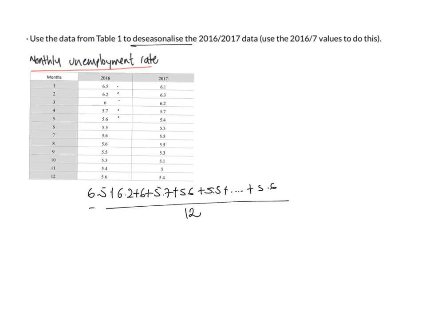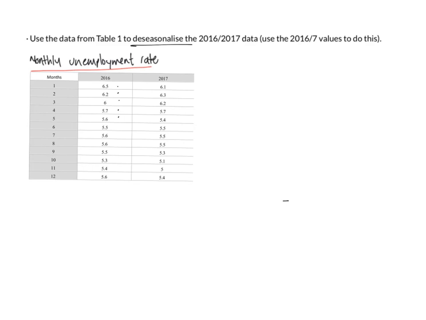That gives the average, which we also call the mean. That is our average for the first year, 5.708, and for the second year, 2017, it is 5.583.